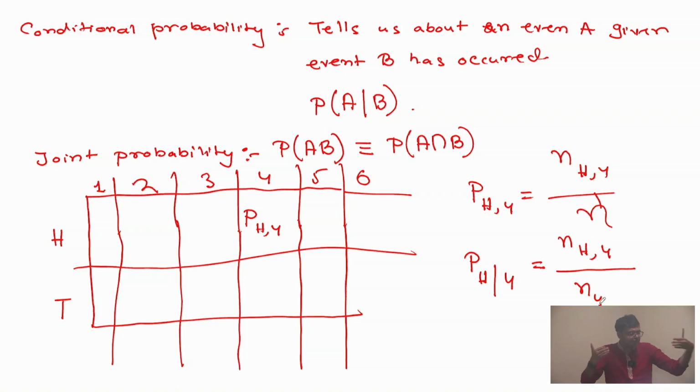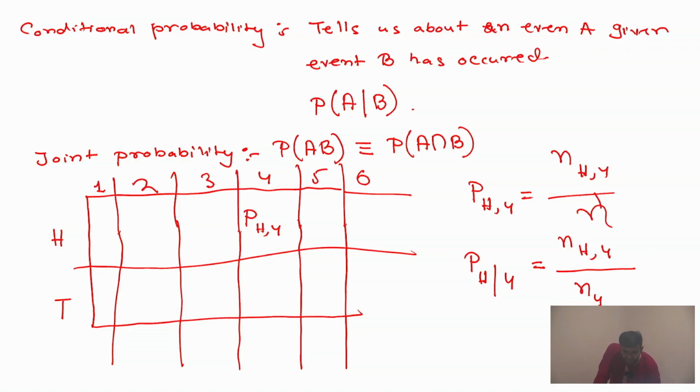So, you first count how many times both of these have occurred, that is your n h comma 4, and then you see out of those how many times only 4 has occurred, and then you find the ratio, and that is basically your probability of head given 4.